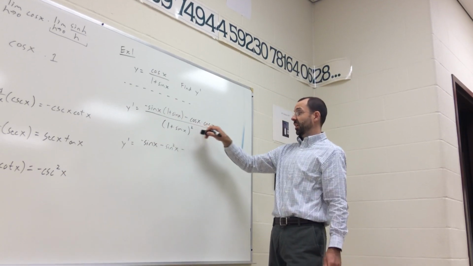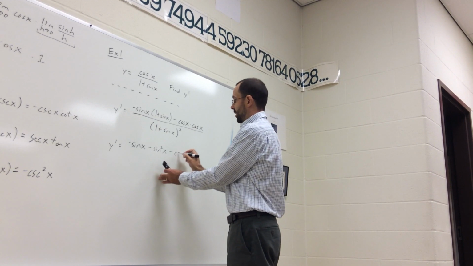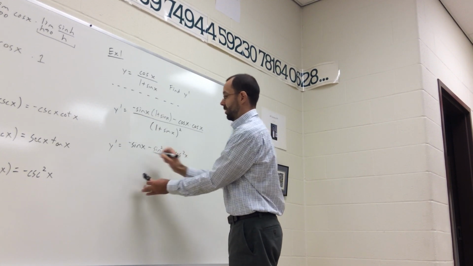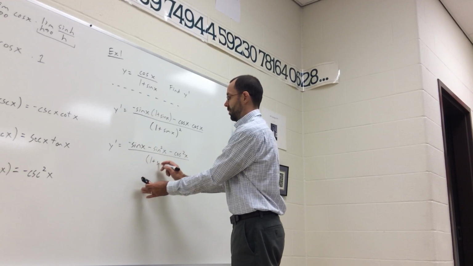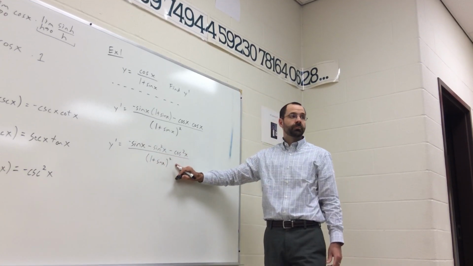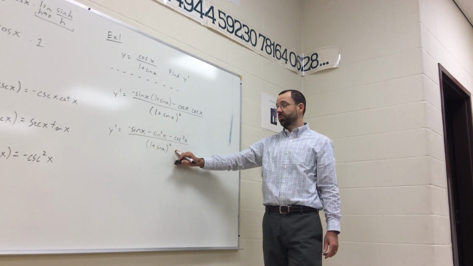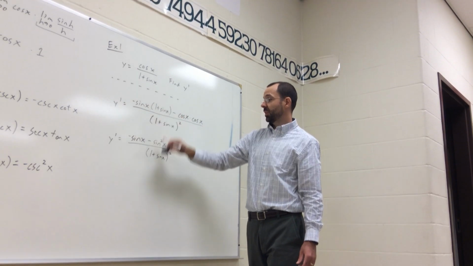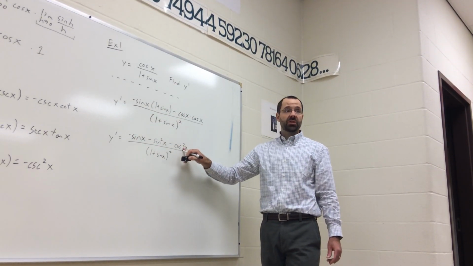And then cosine of x times cosine of x is cosine squared. Okay, so I just multiplied the sine through and got sine squared and sine, and multiplied the cosine by cosine and got cosine squared.